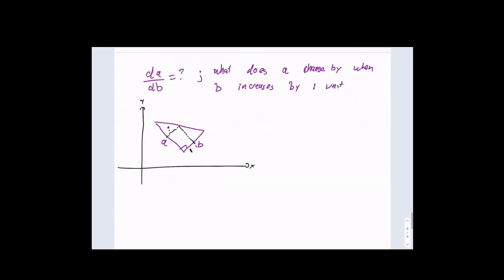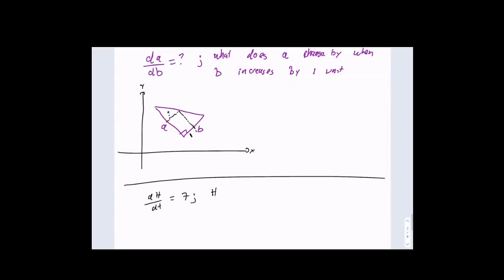The same thing goes that if I said, hey, dH dt equals 7, then this says that H increases by 7 for every 1 unit of time.